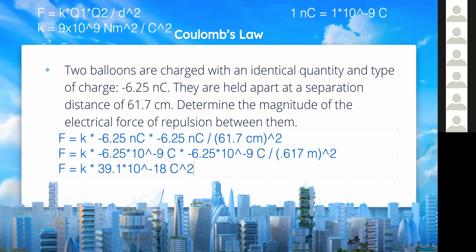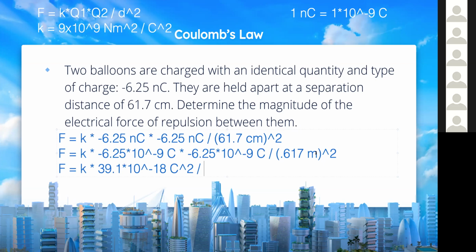Right? That's not scientific notation because this obviously should be between 1 and 10, but we're going to leave that for now. It's in the interest of solving the problem. So then we have 0.617 meters squared. So what do we have for the denominator? 0.617 meters squared.